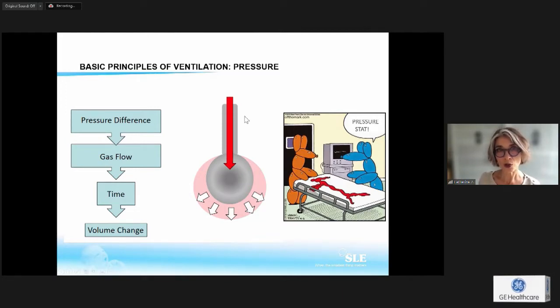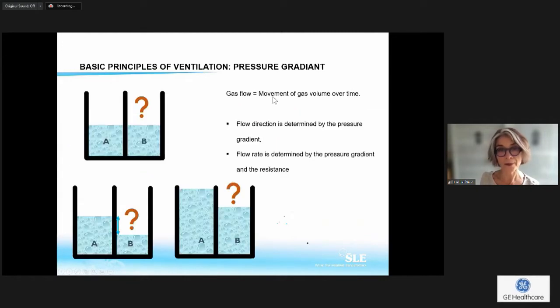Whenever you want to deliver a breath, you have to know what will impact the breath that you give to your patients. What I mentioned is that the pressure gradient will make a flow going from the ventilator to the patient. Here you have two compartments which are exactly the same, with exactly the same level of water in both, so the pressure is exactly the same.